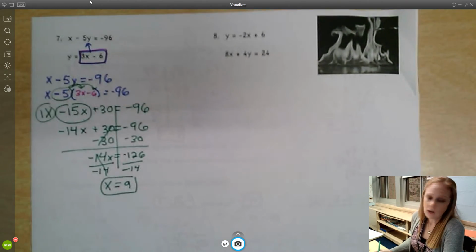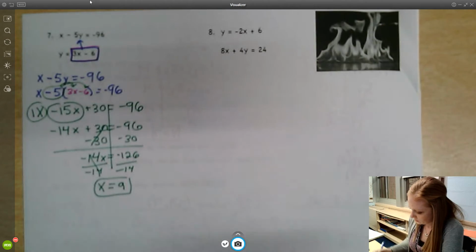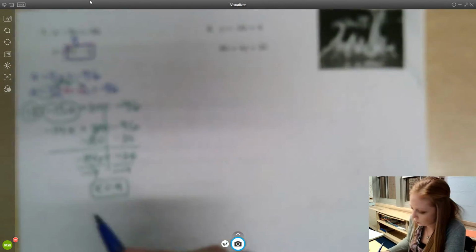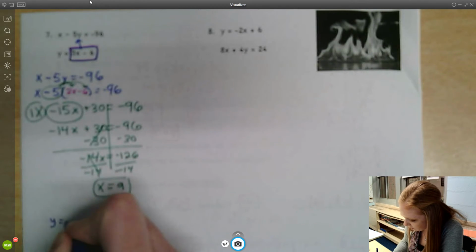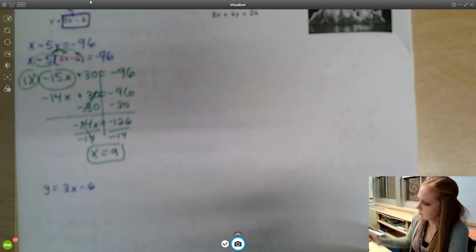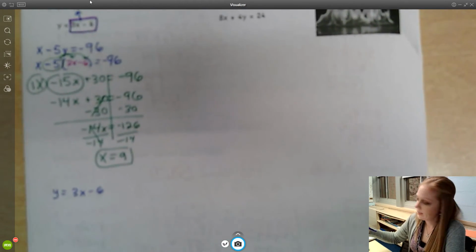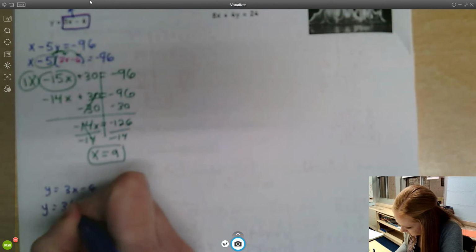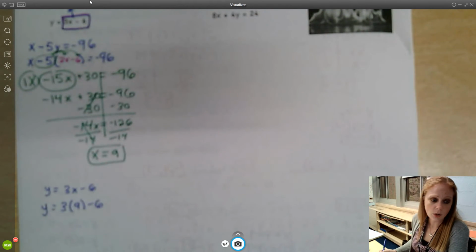Now let's go back and figure out what y is. Okay, so I'm going to rewrite whichever equation I think is easier to work with. The second one has the y by itself already, so let's use that one. So y equals 3x minus 6. And we know that x is 9. So wherever you see an x, you can put 9.